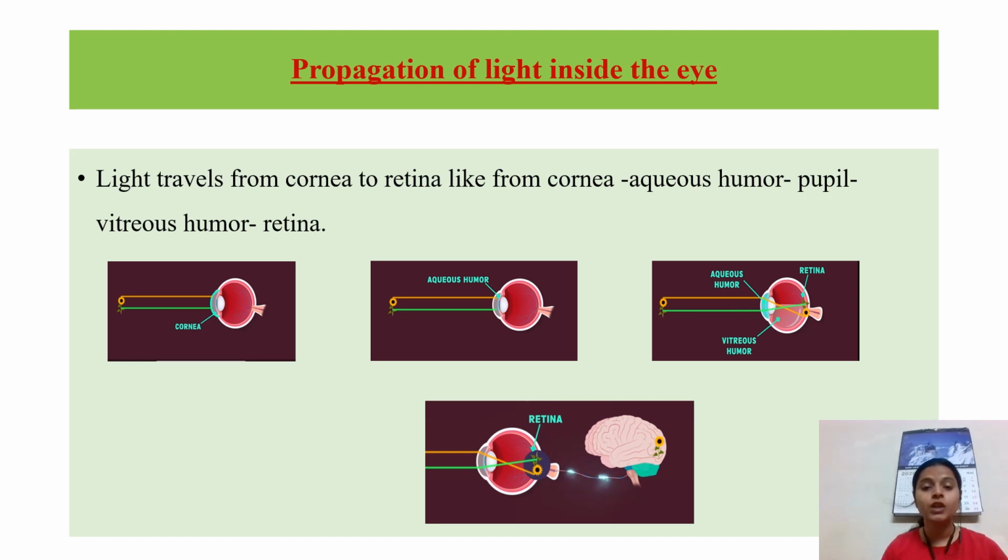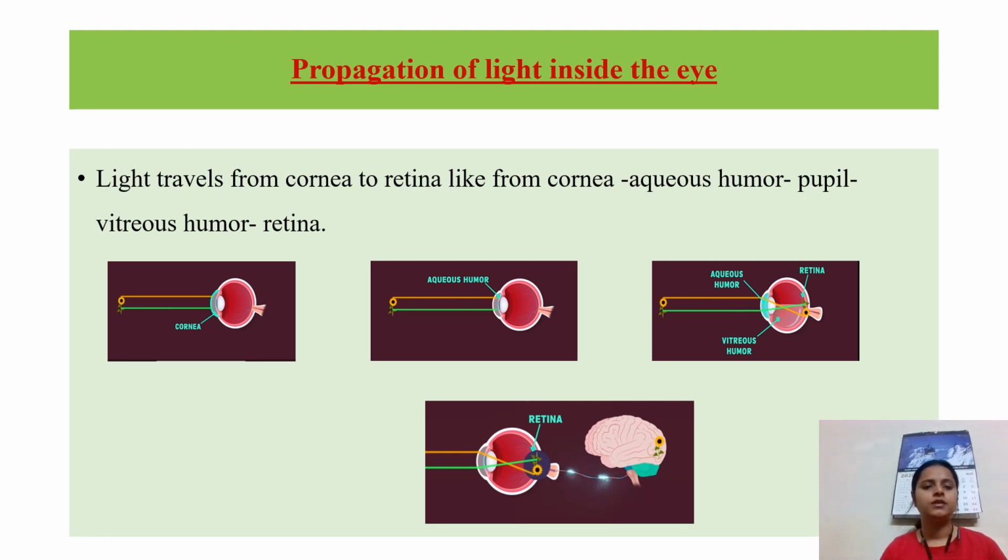In this whole process, the light passes through the cornea, then goes to the aqueous humor, from the aqueous humor to the vitreous humor, and finally the image is formed at the retina. This whole process of light traveling to our brain is called propagation of light inside the eye.